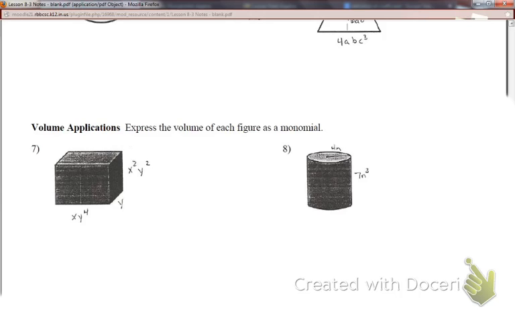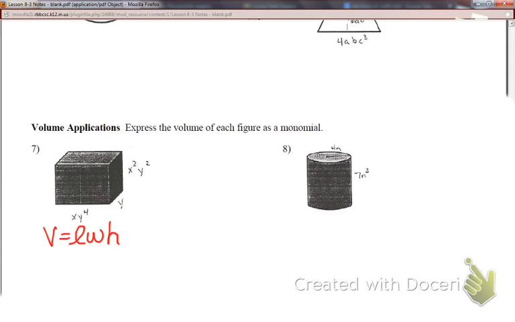And lastly, we're going to work with some volume formulas. Again, these are on the back of your checklist. The first one, number 7, that is a rectangular prism, otherwise known as a box. The volume formula for that is just simply to take the length times the width times the height. And technically, any of these numbers can be the length, the width, or the height.